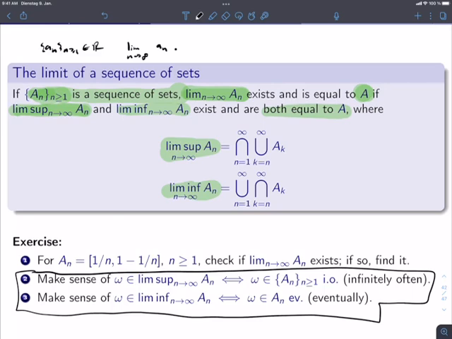If we say there's an outcome contained in this set, which is the lim sup, then we say that it occurs infinitely often in the sequence. And if an outcome is in this lim inf set, we say that it occurs eventually. And so I want to go through what we mean by that.